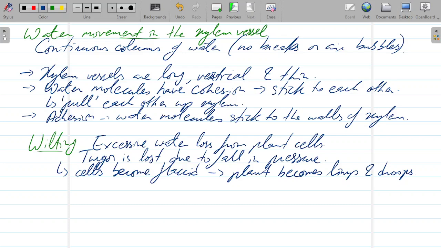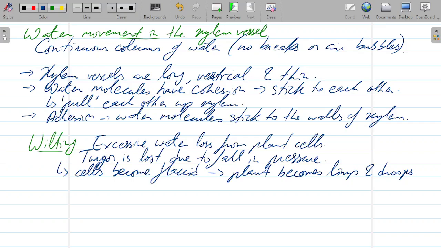But if there is a lot of wind blowing, especially when it's hot, and there's low humidity, and you put in all those factors, and a lot of water has been lost due to transpiration, the plant is not able to recover water as quickly, and so water is lost from the cells.